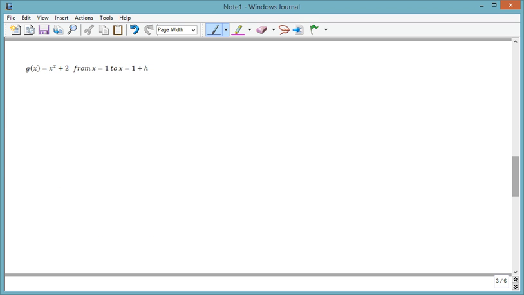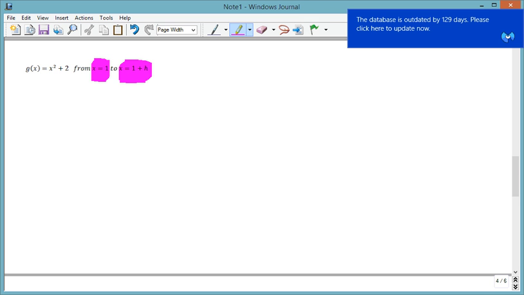So, sometimes we don't want to specify exact numbers because we just mean we want it from a certain point and just a little bit farther. And maybe we want to even change that little bit. So that's how we do it here. I'm going to go from x equals 1 to x equals 1 plus h. And I can kind of vary what h is.